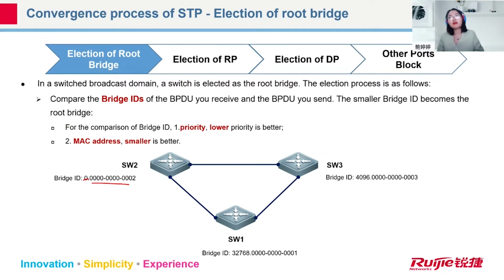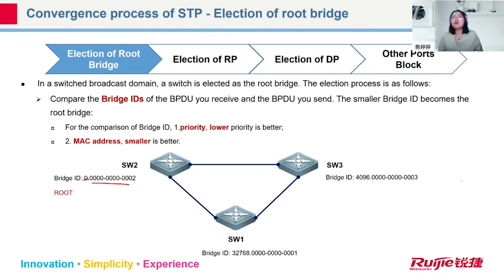This is the default priority. This means when you enable STP and you don't configure the priority, this is the default priority. Finally, switch 2 will become the root bridge, and 1 and 3 will become non-root bridges. Okay, so this is the first step, very easy, right?